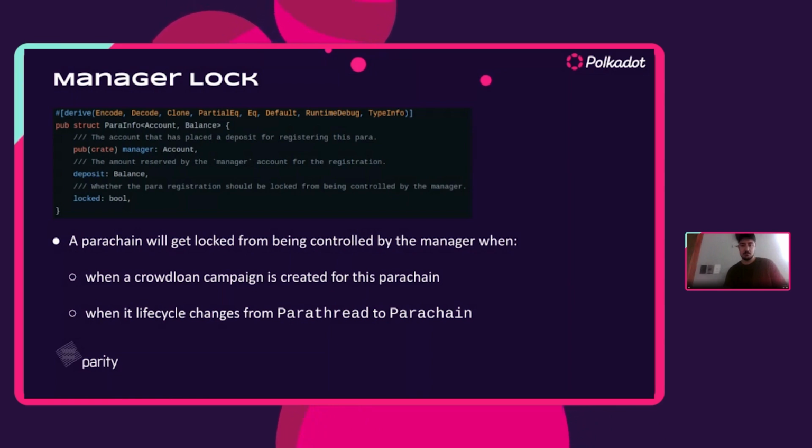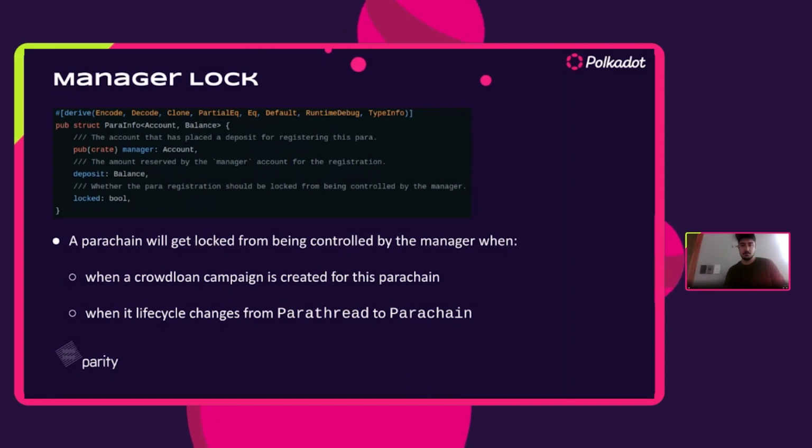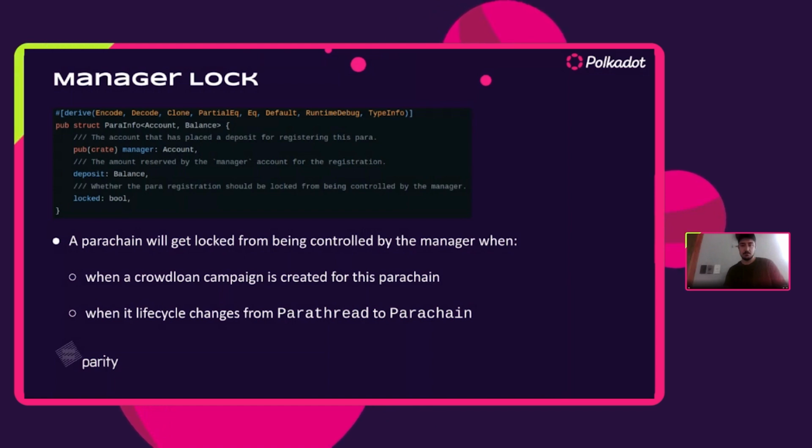The parachain ID will get a manager lock. So the backers, the users of this crowdloan campaign, can be sure that the state and function committed by the parachain team will be the same once this crowdloan campaign is finished. It will not be changed for something malicious at the very end that would be bad for the backers.